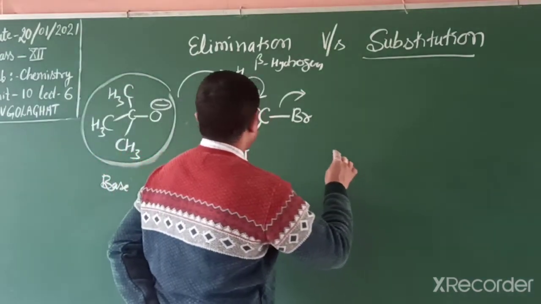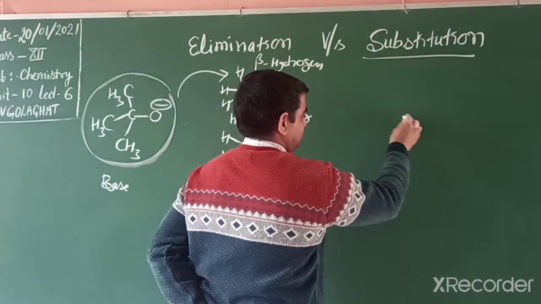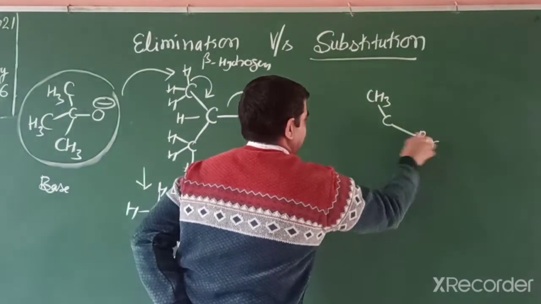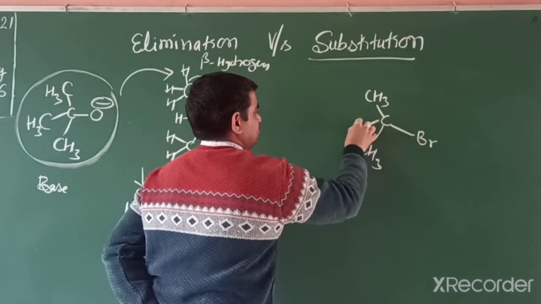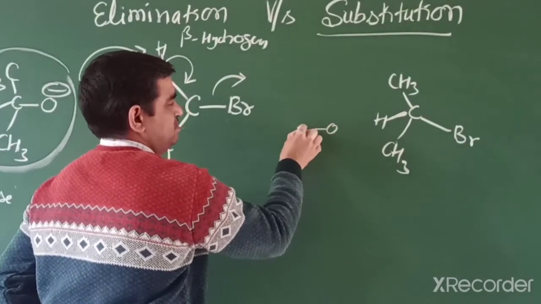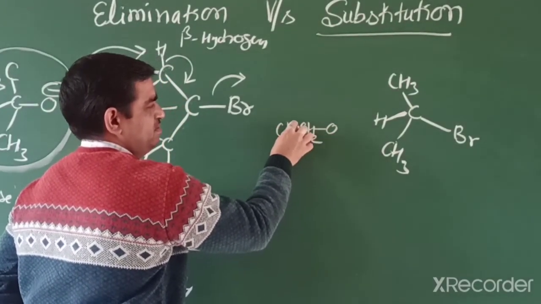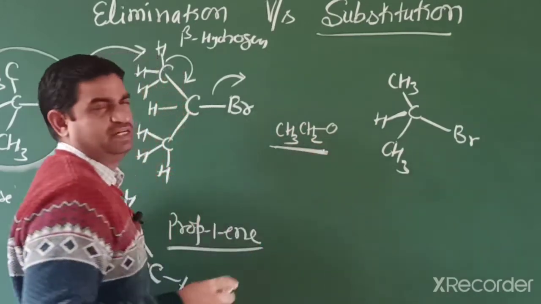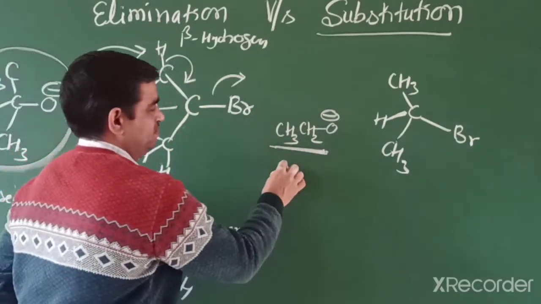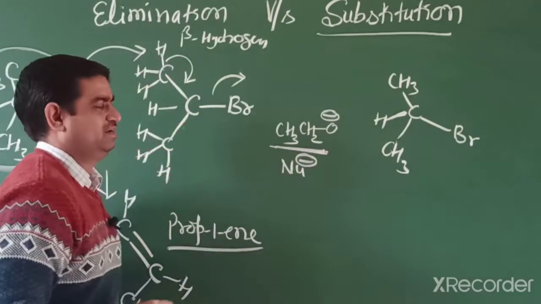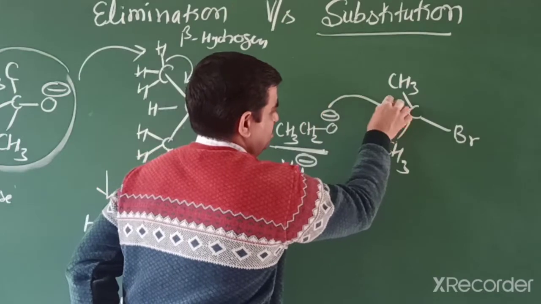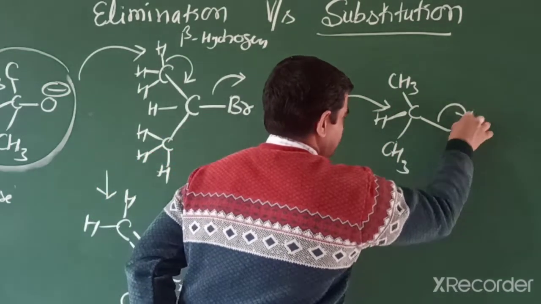On the other side, if we have ethoxide as a nucleophile, it behaves as a nucleophile and base also, but it can attack from the backside, and bromine can also be removed.